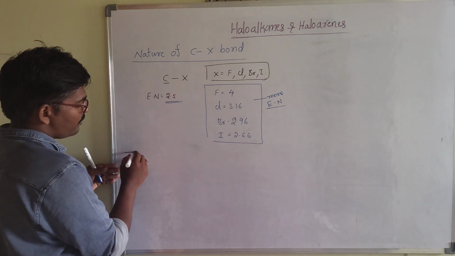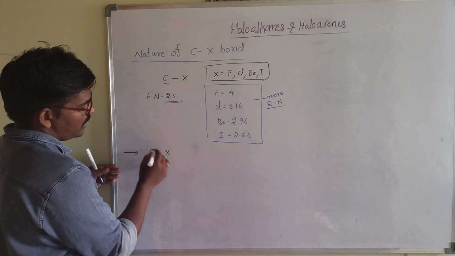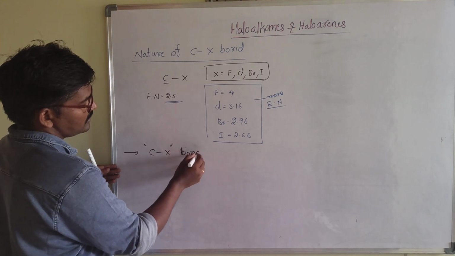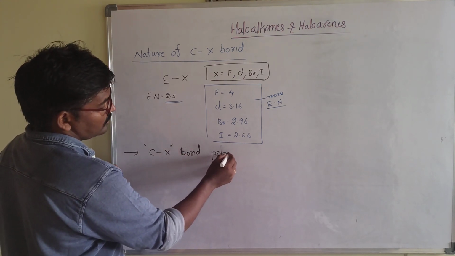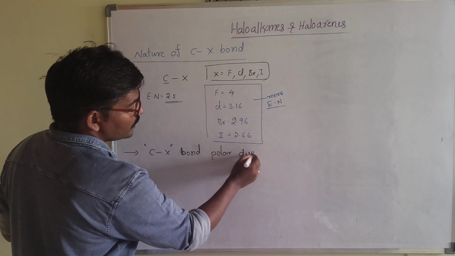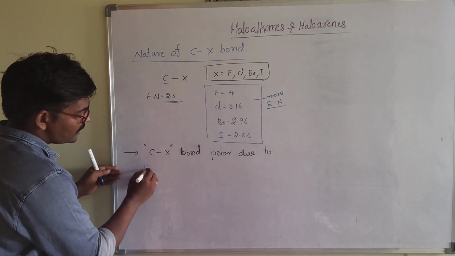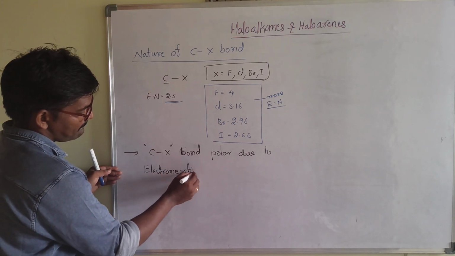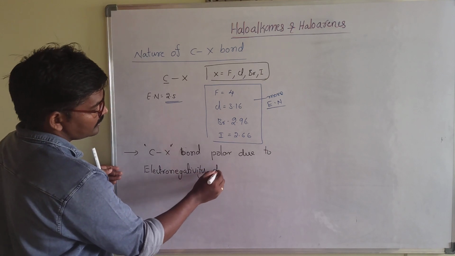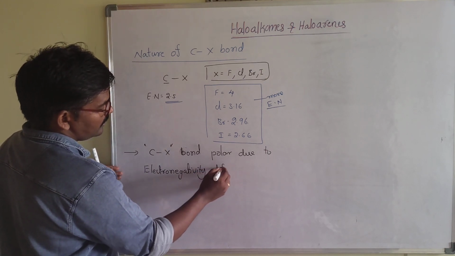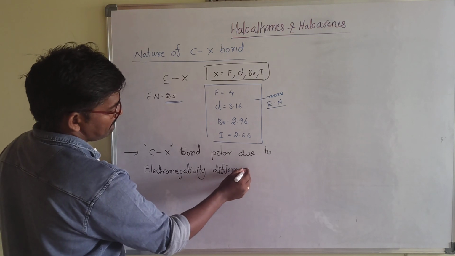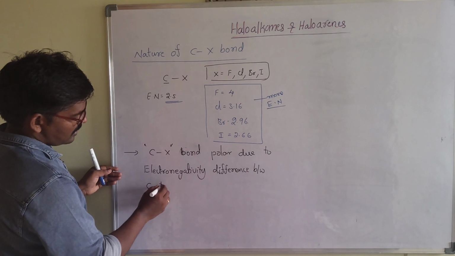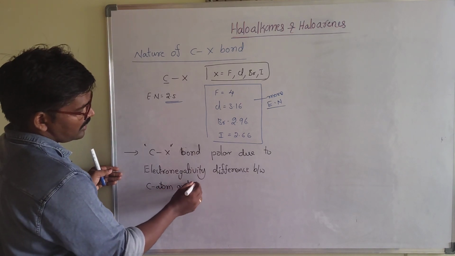So one point is that the C-X bond is polar. Why polar? Due to the electronegativity difference between the carbon atom and the halogen atom.